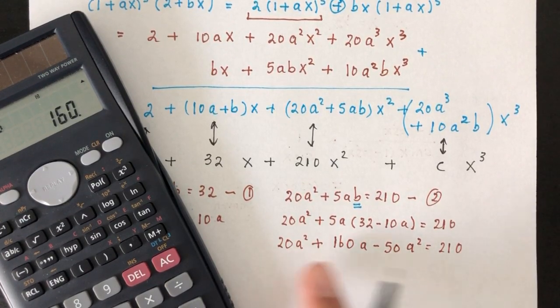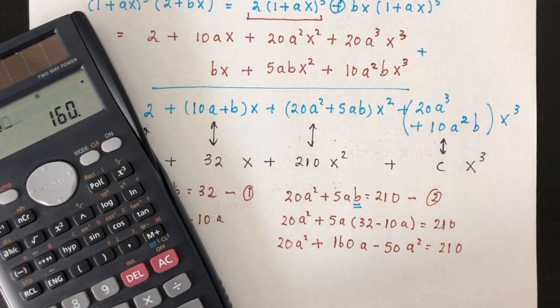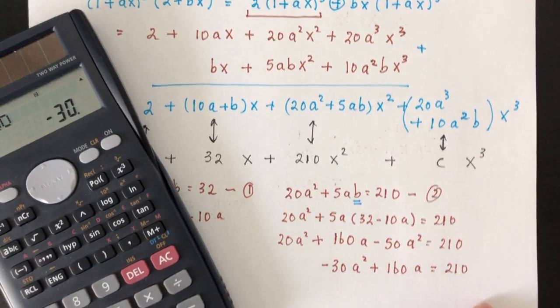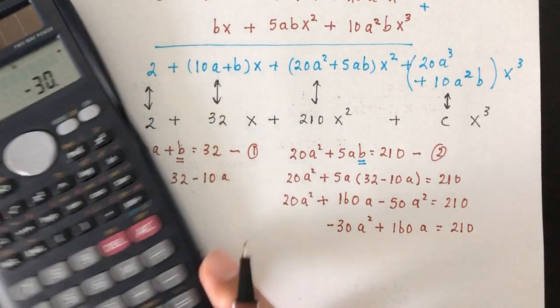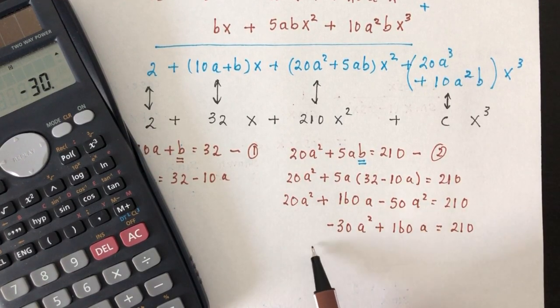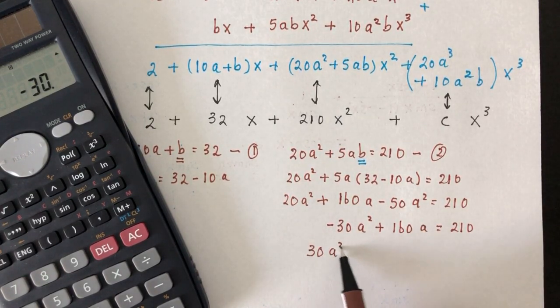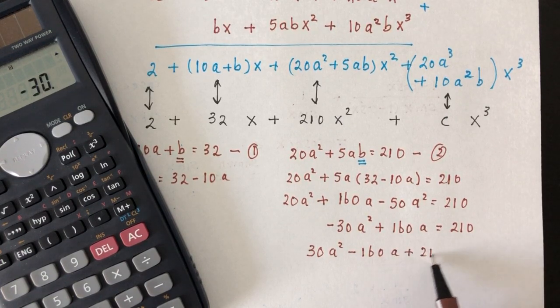Now simplify: 20 minus 50 will be minus 30a² plus 160a equal to 210. Now let's bring everything to one side. You will have 30a² minus 160a plus 210 equal to 0.